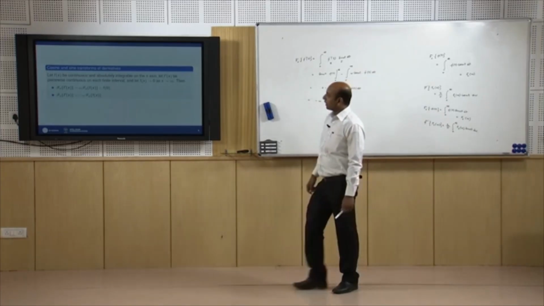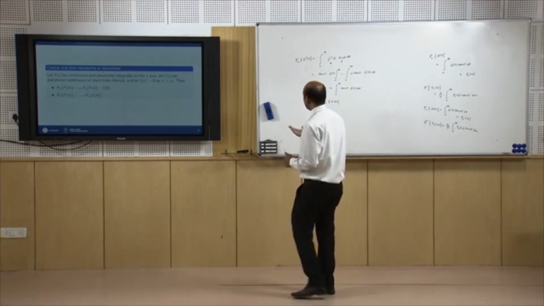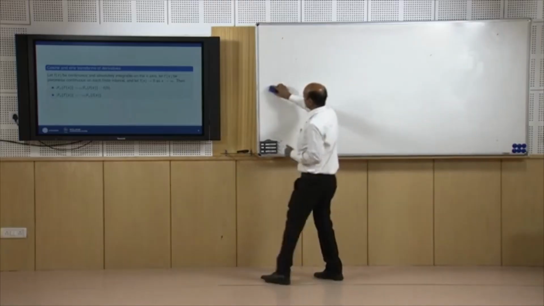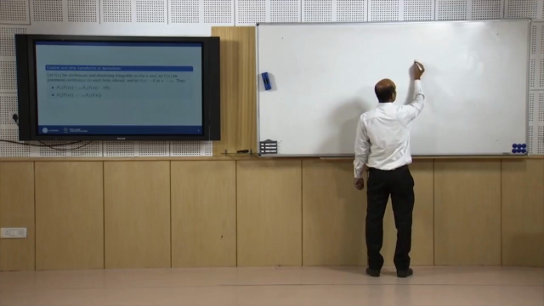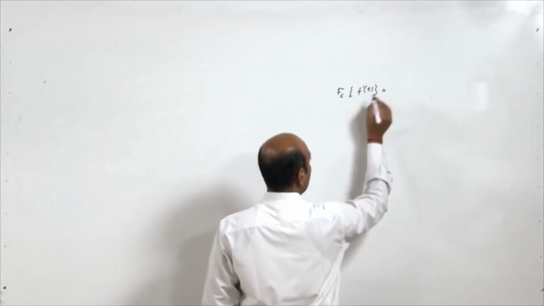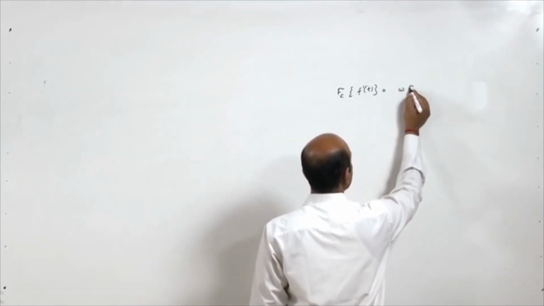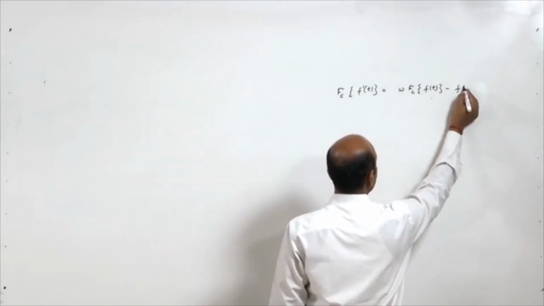Now, suppose you want to find the Fourier cosine transform of second derivatives. That also we can find using the same result. Now, what is the Fourier cosine transform of f'(x)? It is nothing but, as we have derived, omega times the Fourier sine transform of f(x) minus f(0).